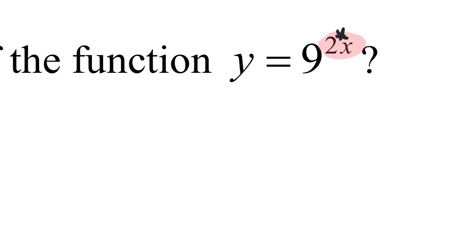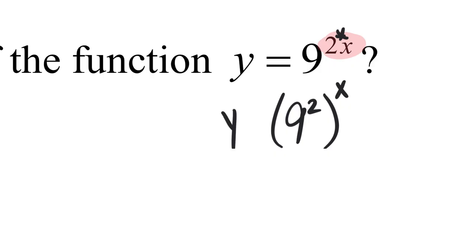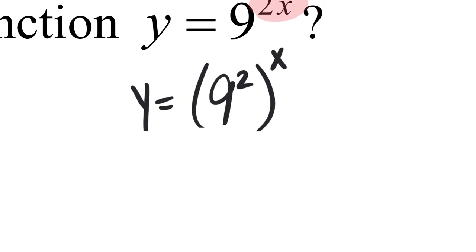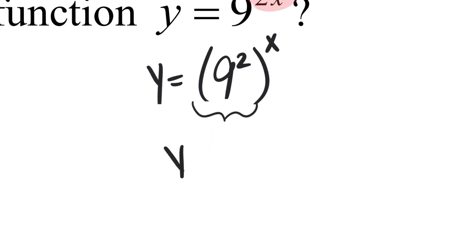So I would need to have 9 squared written x amount of times, or that power property, because if you have a power raised to a power, then we have multiplication. Okay. Well, I can simplify that. 9 squared is simply 81 raised to the power of x.